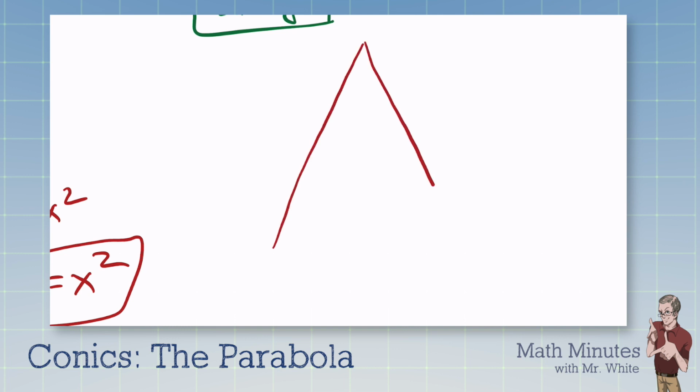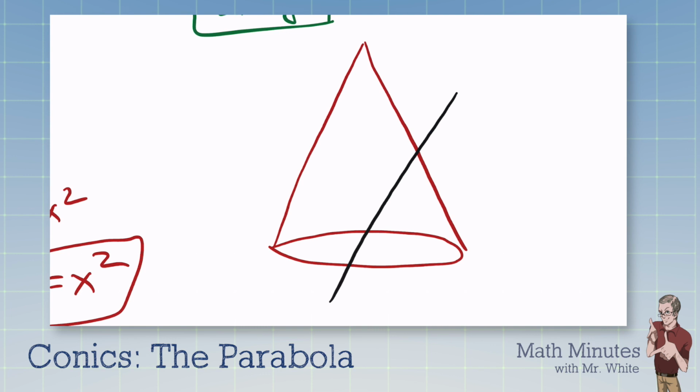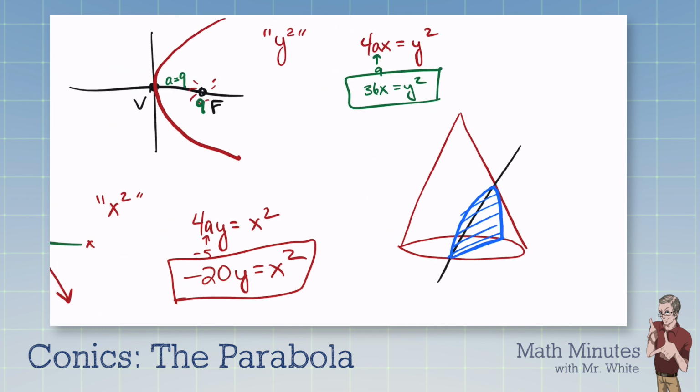Well, if you imagine drawing a cone, and then you slice it diagonally, what do you get? What is this cross section? It is going to be a parabola. It's going to be like this. If you were to look at that, this shape right here would be a parabola. So that's how we could create a parabola from a cone, is we slice it diagonally. So it's kind of cool.